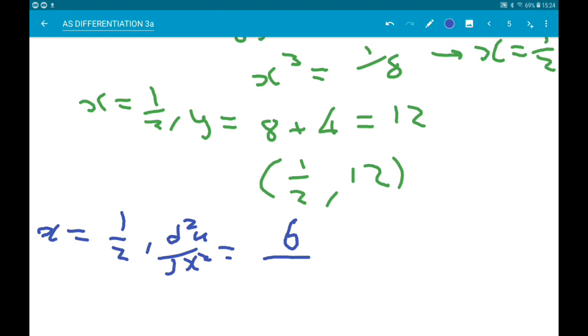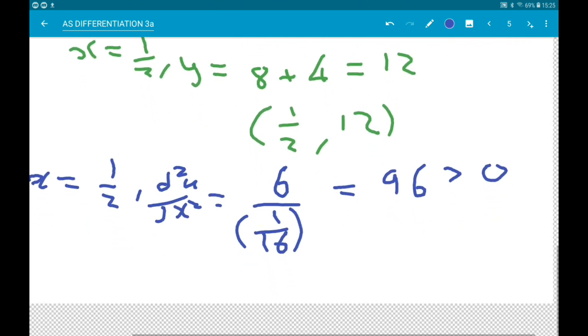So 1/2 to the power 4 is 1/16. So that's going to give us 96. Now again, that's greater than 0. So we have a minimum.